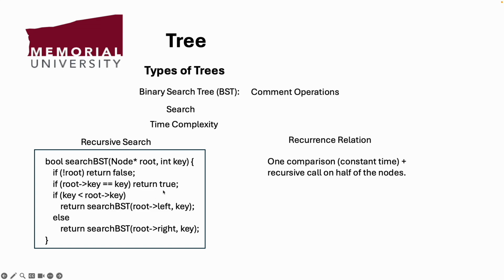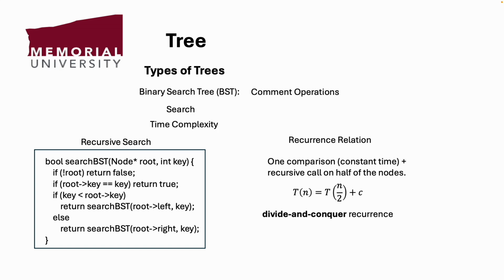In this recursive search, we do one comparison, and then we call on half of the nodes. So the recurrence relation will be T(n) equals T(n/2) plus C, a constant including this comparison. This is a typical divide and conquer recurrence.